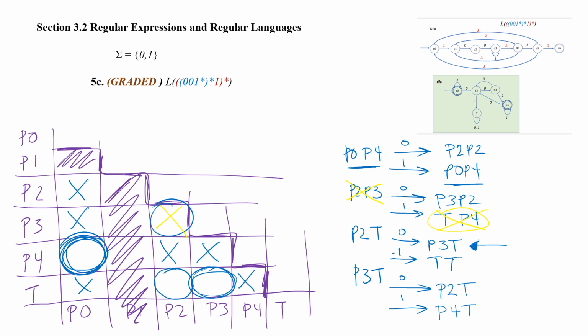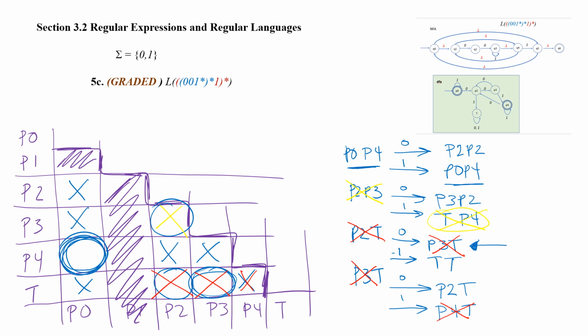Well, I can't combine P4 and the trap. There's an X here, and they cannot be combined. So since P4 and the trap cannot be combined, that means that P3 and the trap cannot be combined. And since P3 and the trap cannot be combined, that means that P2 and the trap cannot be combined. So the only ones that can be combined is P0 and P4.